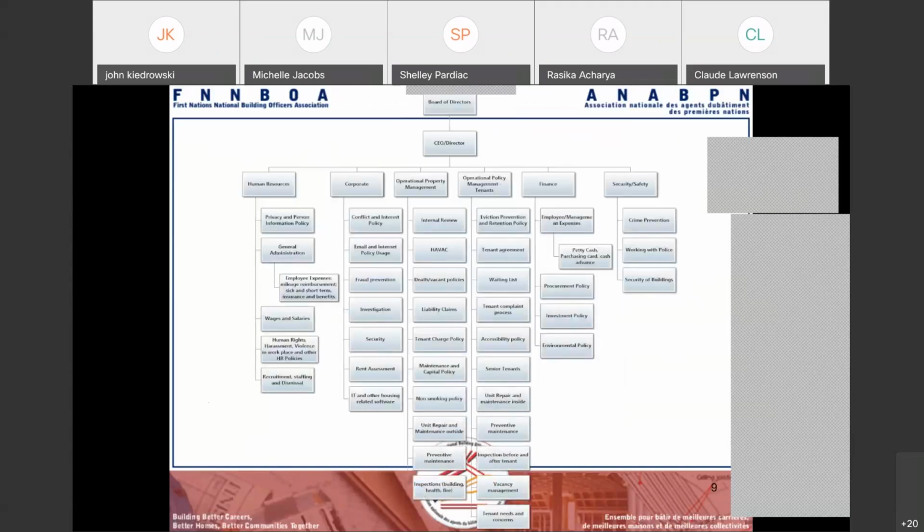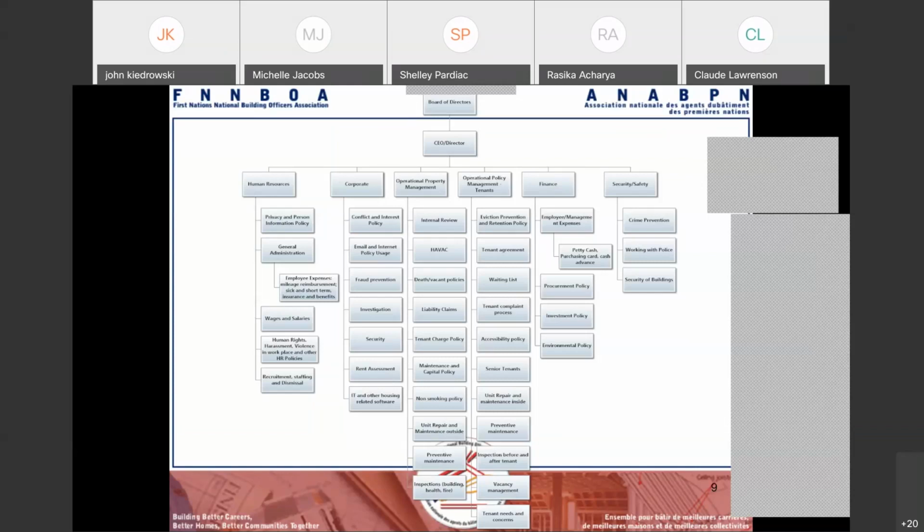This is a little more detailed look at a housing corporation at a local level. This was actually modeled off of Saskatoon and a bit of Prince Albert. At the top there should be a board, and then there's a CEO or the director. In the housing authority, there's a whole series of other activities. You have, for example, human resources, and you can see their responsibility: hiring, wages and salaries.